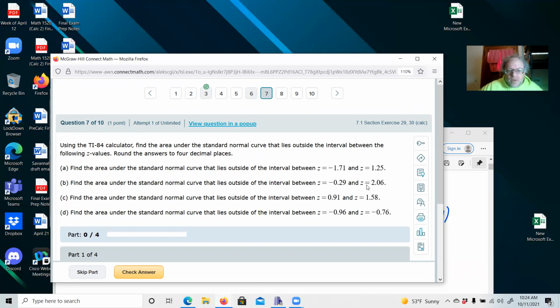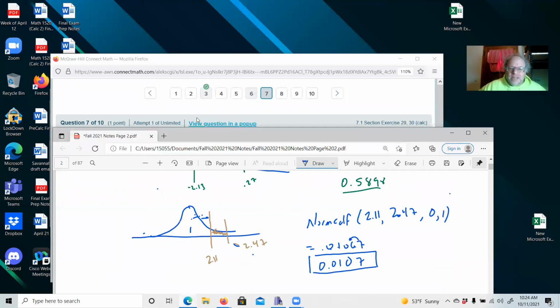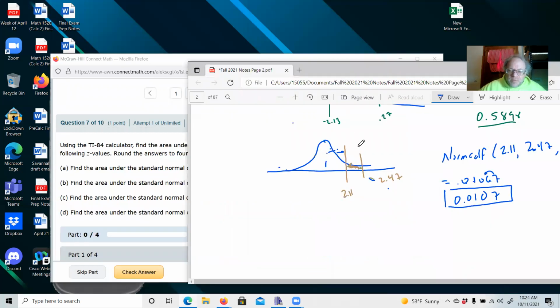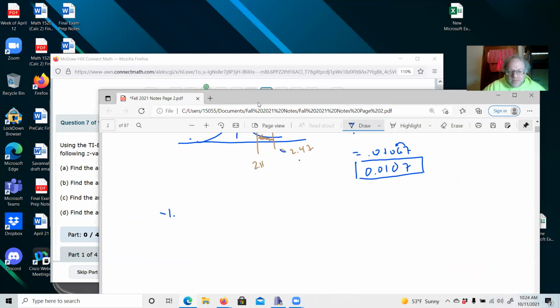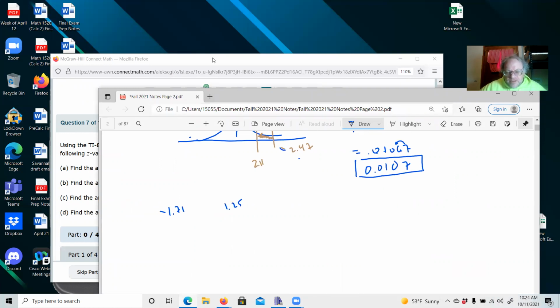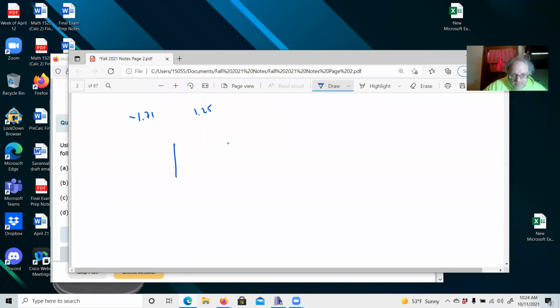Outside the interval. Okay. So these are kind of like a two-part problem. I mean, we don't really need to make it two parts, but when we draw it, it'll be like a two-part problem here. Okay. So between negative 1.71 and 1.25. So we want negative 1.71 and 1.25. So drawing a sketch of what we're doing. Okay.